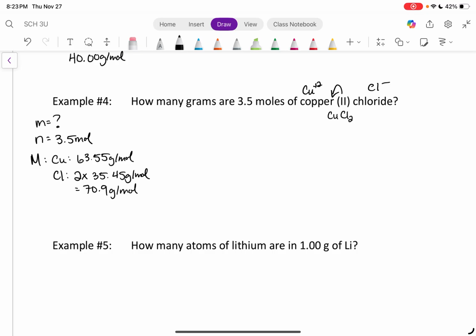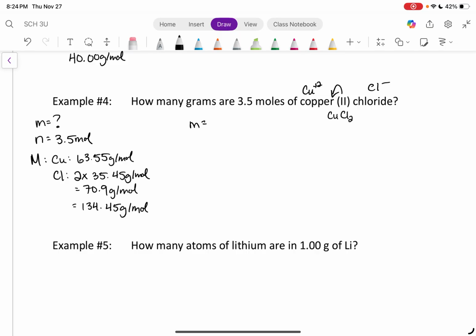Now I need to add the molecular mass of copper and of chlorine together to give me a total molar mass for the compound, 134.45 grams per mole.